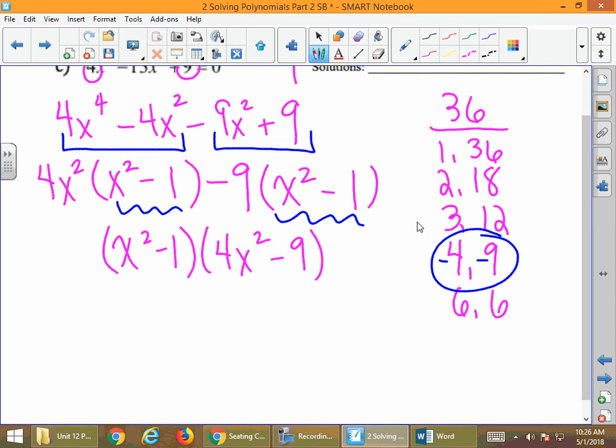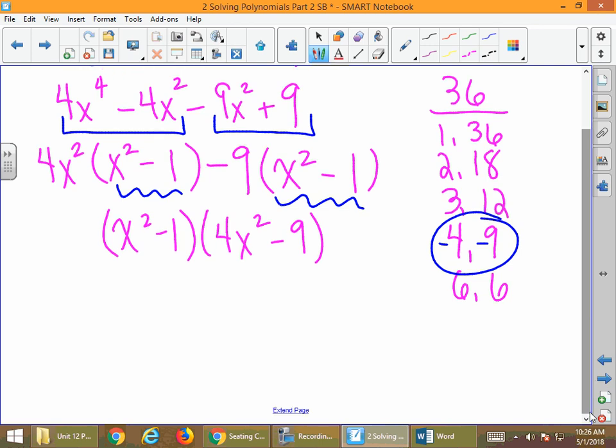We stop and we take a look at this a little bit more closely, and the thing is, we can still factor both of them this time, because they're both the difference of squares. So x squared minus 1, well, x squared is x times x. 1 is 1 times 1. Different signs.